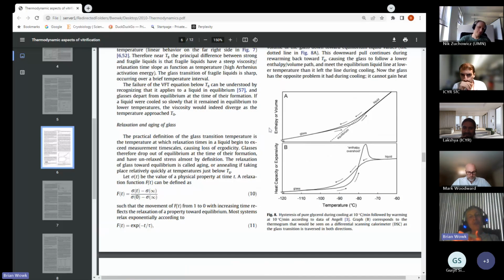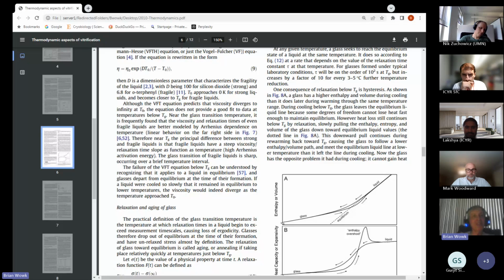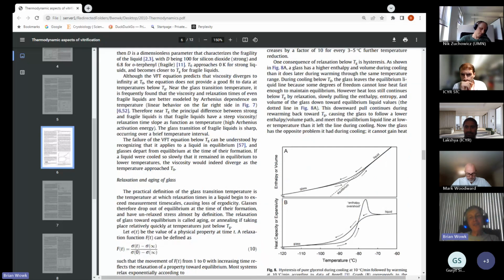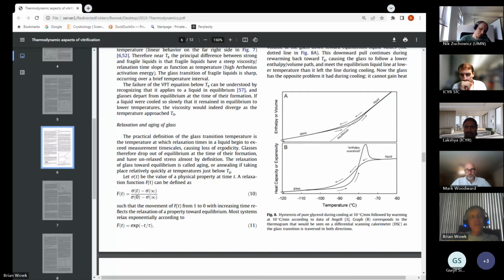But the further you cool below the glass transition temperature, the less relevant that becomes, except for theoretical reasons. It's mostly of interest to theorists. Like at liquid nitrogen temperature, or at minus 150, the relaxation time is going to be negligibly long.